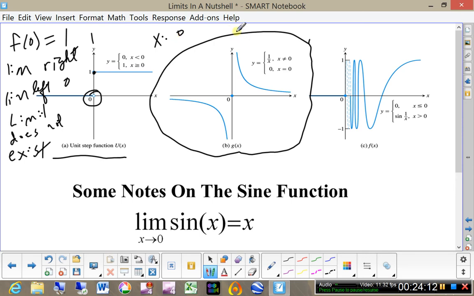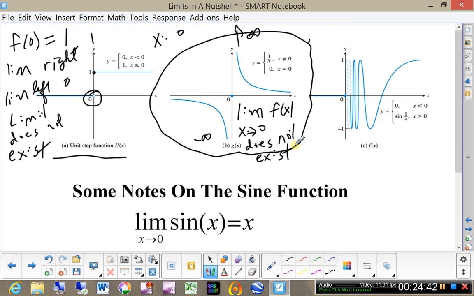It looks like the function is going up to infinity on the right and minus infinity on the left. So the limit of f of x as x approaches 0 does not exist.